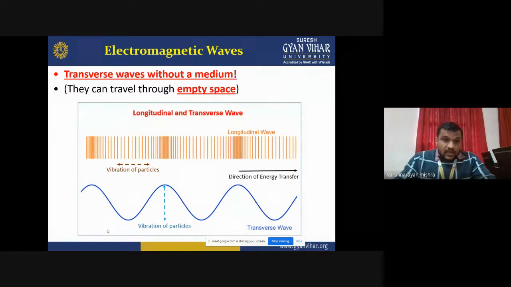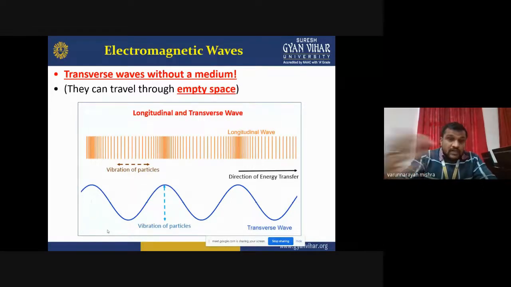Okay, and there are different properties of electromagnetic radiation, or you can say the electromagnetic wave. Electromagnetic waves are transverse in nature. It is different from sound waves. Whatever sound wave we use is a kind of longitudinal wave.